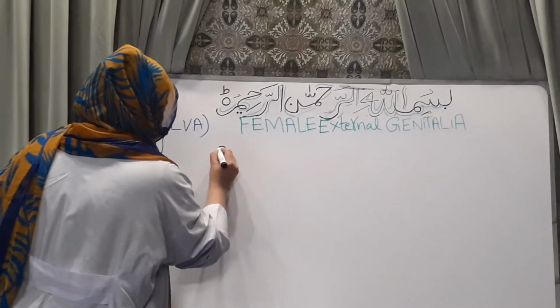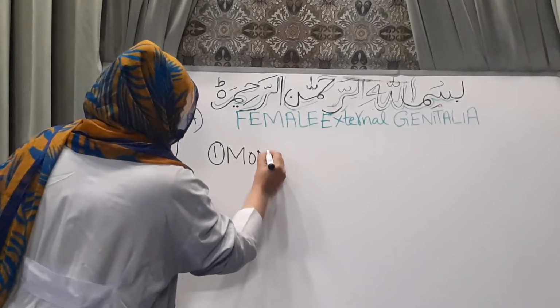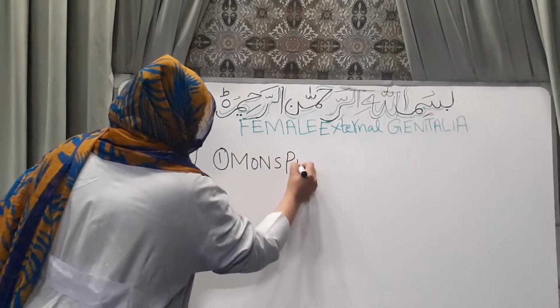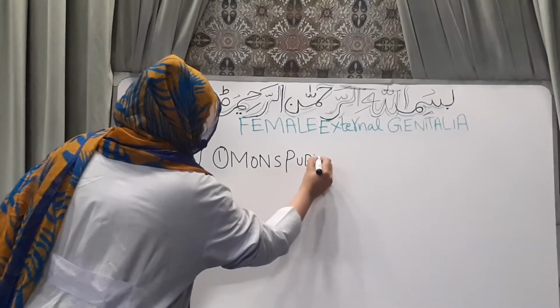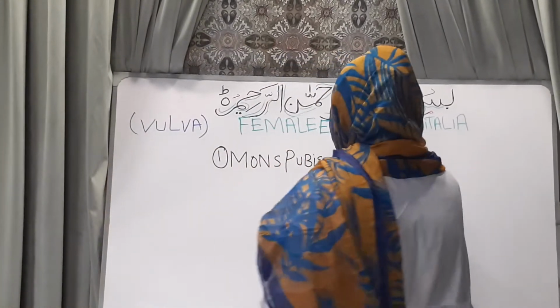Number 1, the first part is known as mons pubis, or mons veneris.